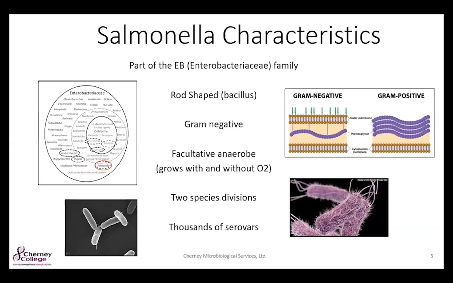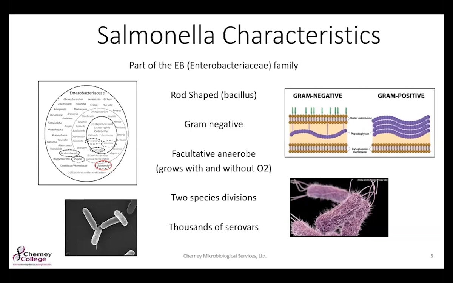So gram staining is going to tell you a little bit more about the structure of the cell wall of the bacteria. In that picture, you can see the difference in the cell wall between the gram-negative bacteria and the gram-positive bacteria, where the gram-negative just has that one thin line of peptidoglycan, that one thin line of purple, versus the gram-positive, which has a much thicker layer of peptidoglycan in that cell wall.